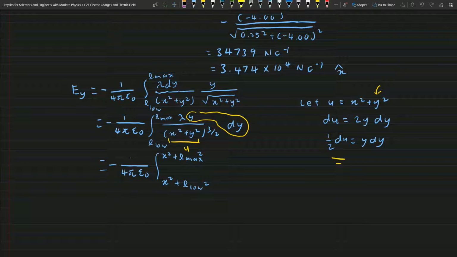Now lambda we take out because this is a constant. Now y dy is given by 1 over 2 du, and here we just have u to the 3/2.